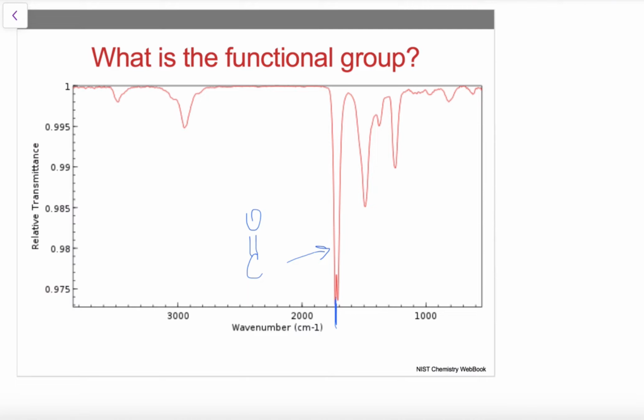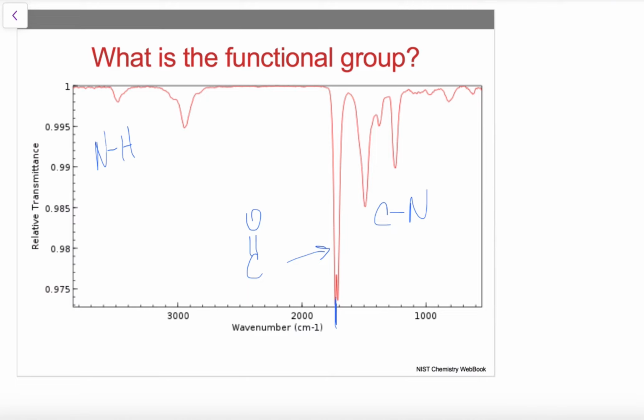Now, we also note that this carbon-nitrogen stretch shows up typically around 1230 to about 1020. So somewhere over here we have a carbon-nitrogen stretch. And then we do have a nitrogen-hydrogen stretch over here that's very faint, but it is there.